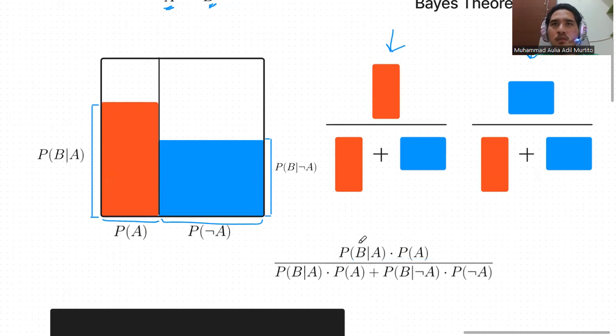And of course, for this one and this one, it is the same formula. And this one here means this blue rectangle. So this one here multiplied by this one, we will get this blue rectangle here.